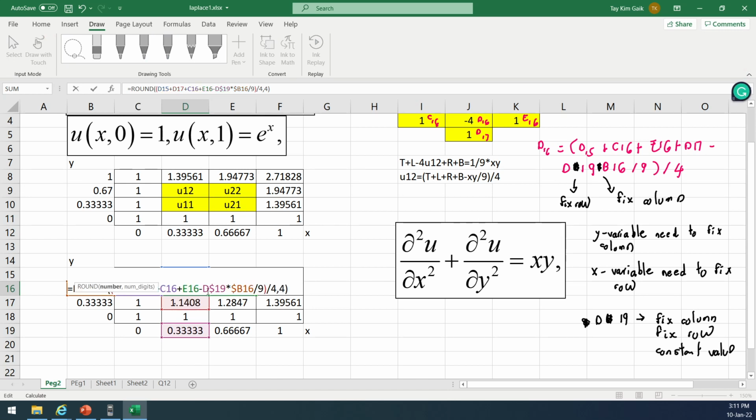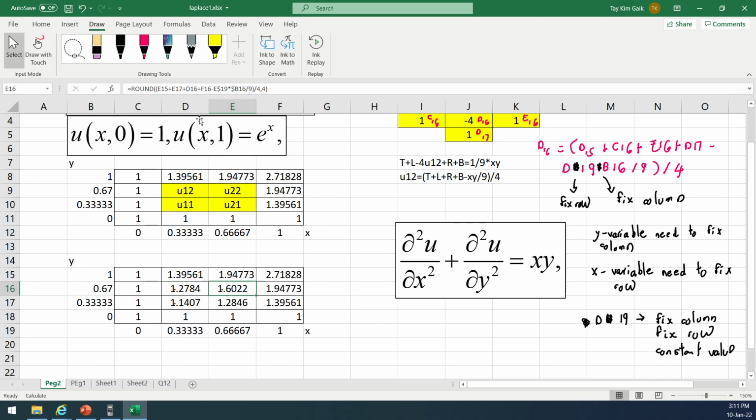See, D19 is actually the X value, one third. So you see a dollar in front of 19. Dollar B16, the dollar in front of B means fixed column B. That is the Y value. So now if you copy it to the next column, because it is the same row, X has no problem.